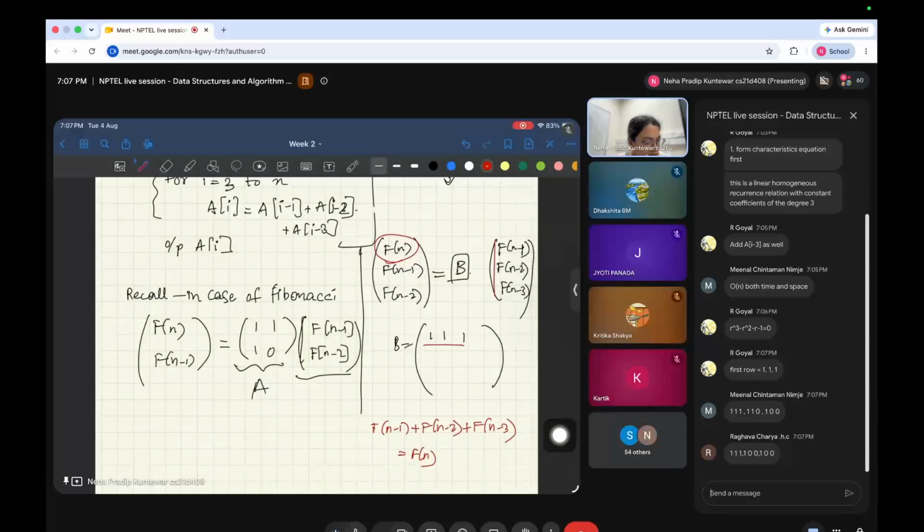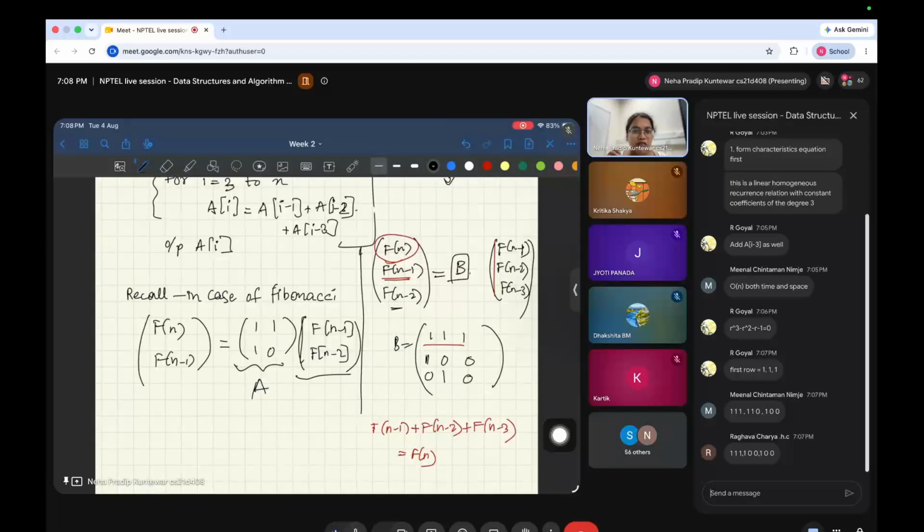Okay, and then here you want f of n minus 1, so you just need 1 0 0 because this row will give you f of n minus 1 and you are not even looking at the other two. And similarly you do 0 1 0 and this particular entry would turn out to be f of n minus 2, which is what you wanted here. Okay, good. So now that you have this matrix, what is your next step?